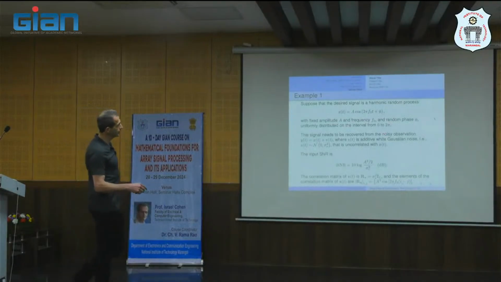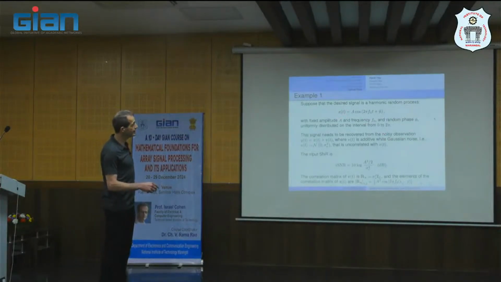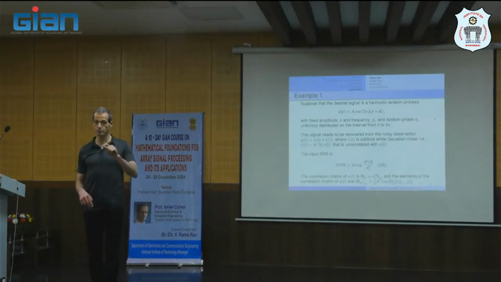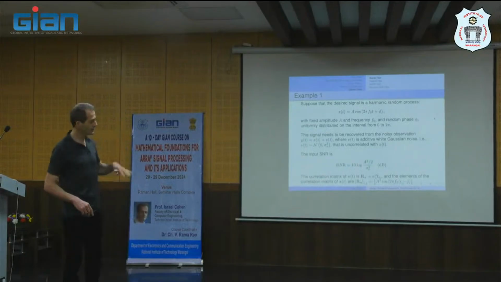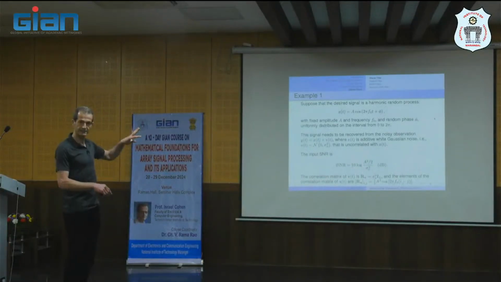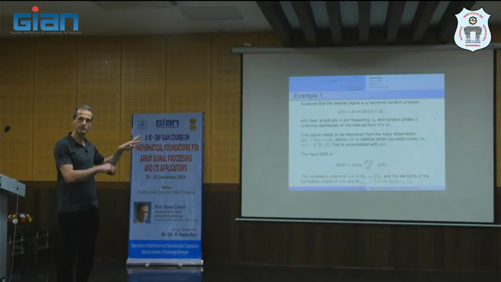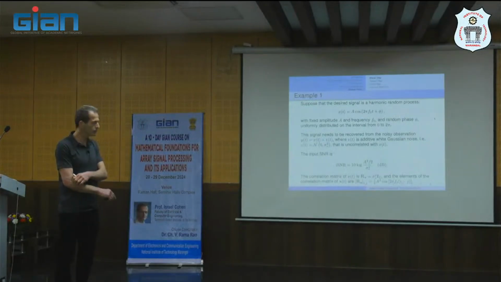So if I take two samples of xt, and I take the expectation, because the phase is random, this will be the expectation. Okay? So prove that. I will give you today an assignment based on this example. I want you to understand this. So first, prove that I can find the elements.